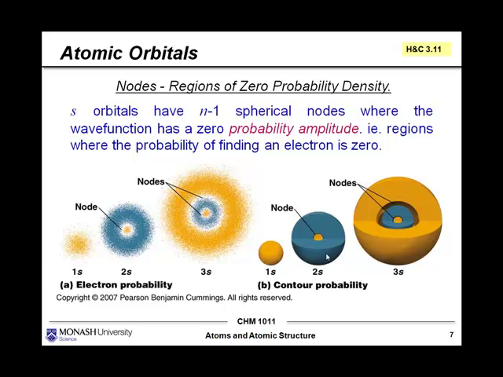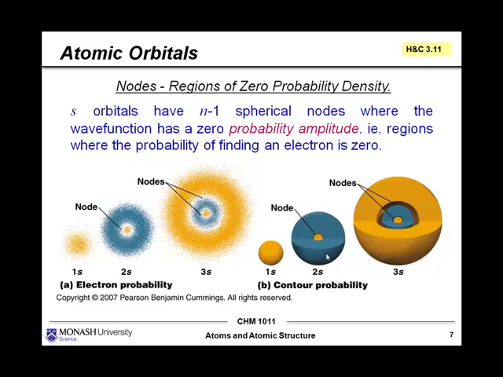Okay, in between each of those layers, where you have a non-zero probability of finding the electron, you have this shell where there is a 0 probability amplitude for finding the electron. In other words, you will never find the electron there.